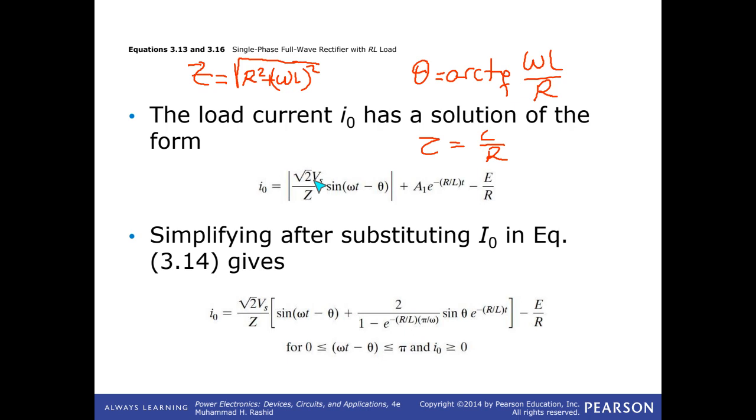So RMS value is square root 2 times smaller, for sinusoidal, by the way. Anyway, this is a steady state solution. This is transient solution, and that is also another steady state solution. So this is the final output. I derived that one. Okay, we haven't jumped the solution.